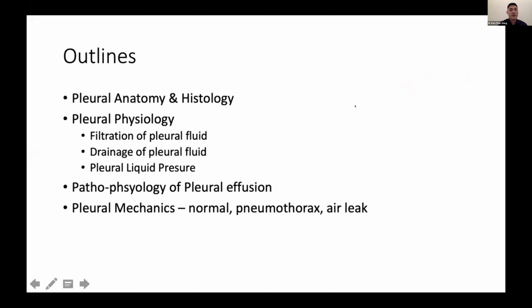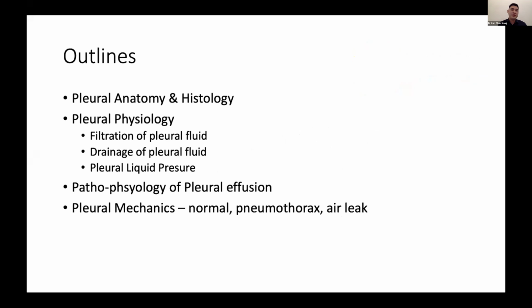Now, the outline of my presentation today. First of all, I will cover a little bit on the pleural anatomy and the histology of the pleura. Then the gist of the presentation is mainly on pleural physiology. In this topic, I'm going to talk about how pleural fluid is produced, how the fluid is drained, and how the balance of production and drainage brings about the pleural liquid pressure.